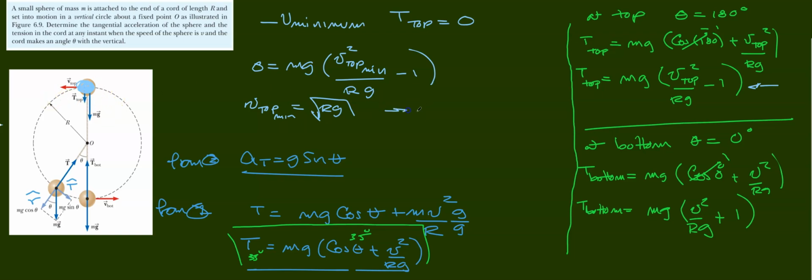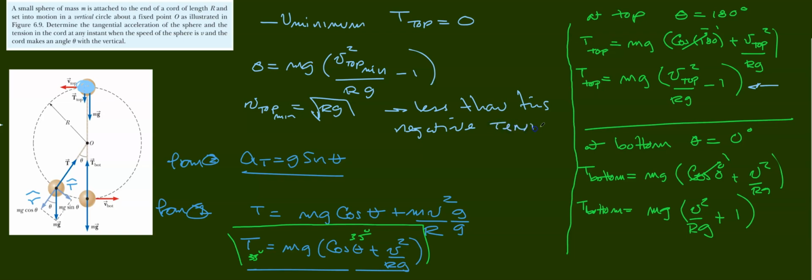And if you go less than this, notice that the tension will become negative. And that's impossible because that would require the tension to be pushing, and you cannot push with a string, right?